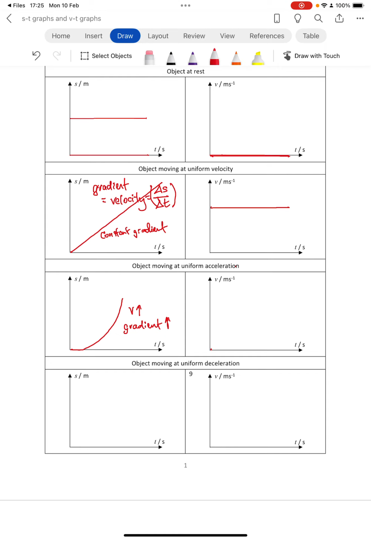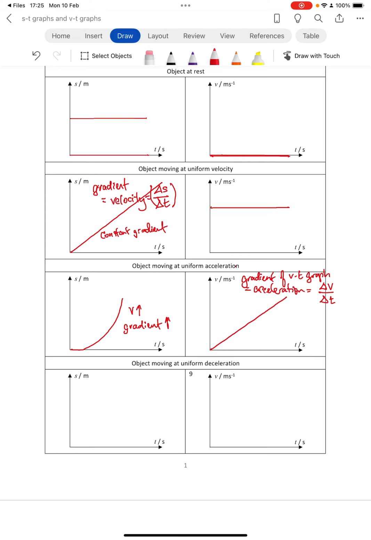Then for velocity time graph, the gradient of a velocity time graph is acceleration. So let me write this down. The gradient of velocity time graph gives you the acceleration. Because acceleration is the change of velocity divided by the change in time.